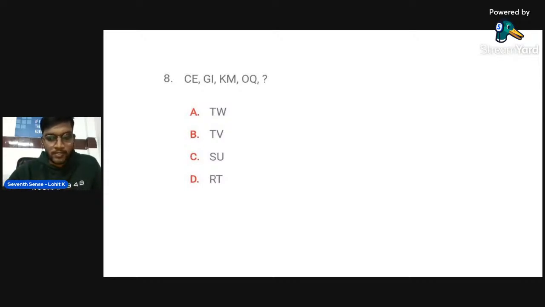So you can cross-check with the other comments what kind of pattern they have used and what you have used. And if you have any other doubts, you can type in the chat box.